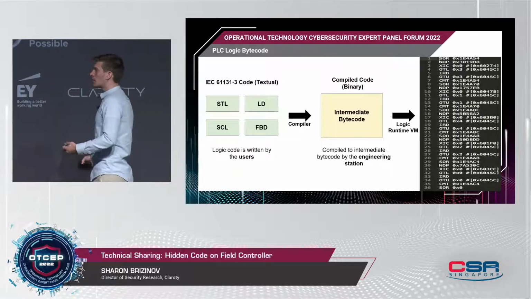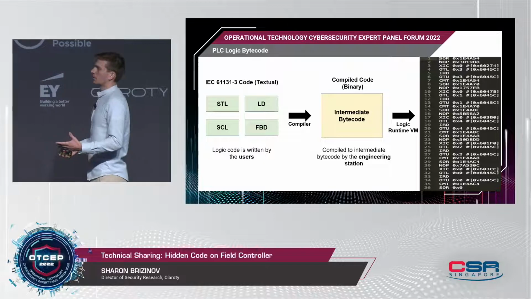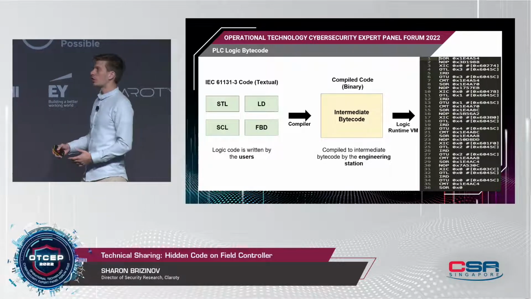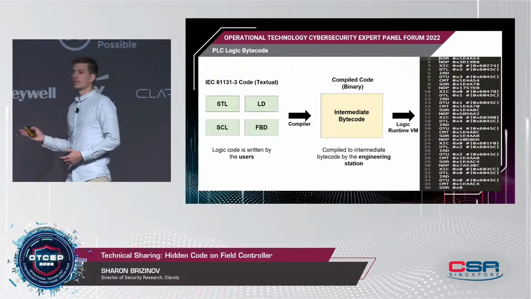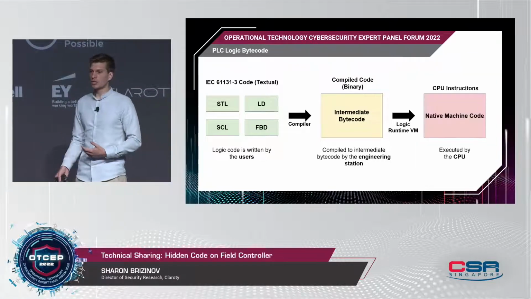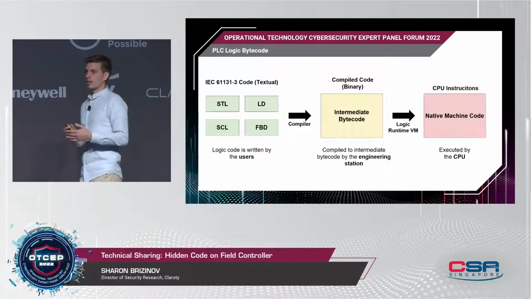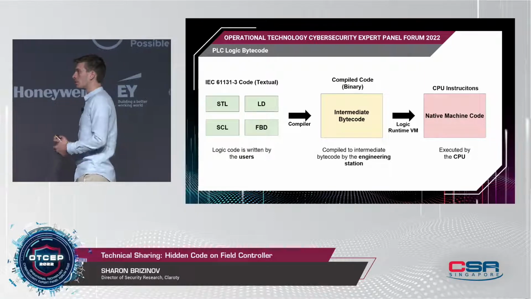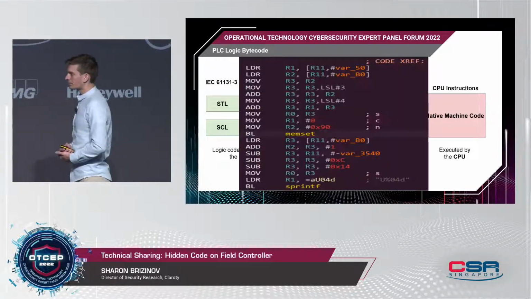Now, obviously, the PLC CPU does not understand this bytecode, so the runtime will actually take these instructions, decode them, interpret them, and eventually run on the actual machine code, the native machine code of the PLC CPU.